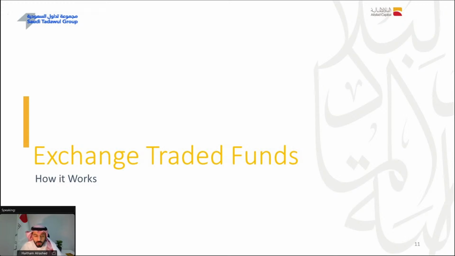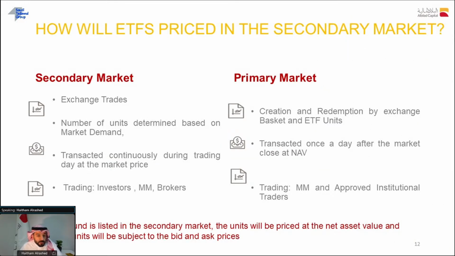That being said, we will go to how an ETF works, how it's usually operated globally and in the local market, for investors to know what an ETF is in depth. ETFs usually have primary and secondary markets.